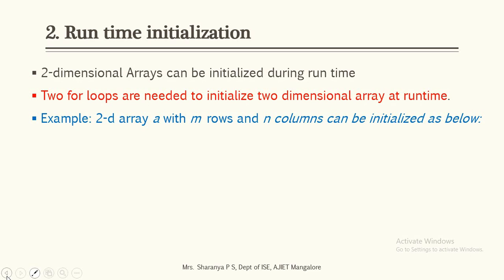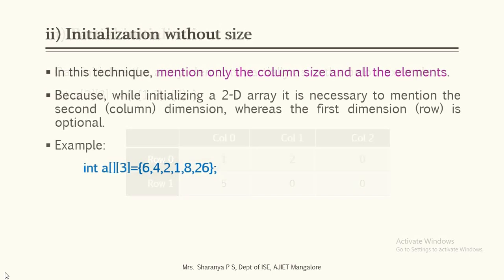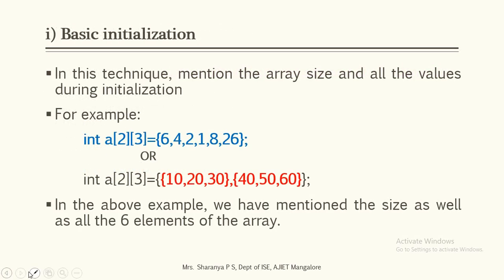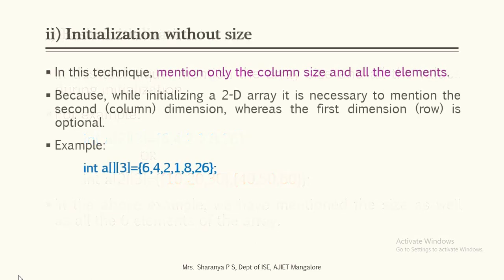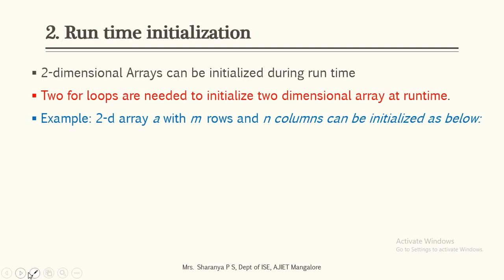Compile time initialization we have looked at in 3 different categories. First one is the basic initialization, second is initialization without mentioning the size, and one more is partial initialization.